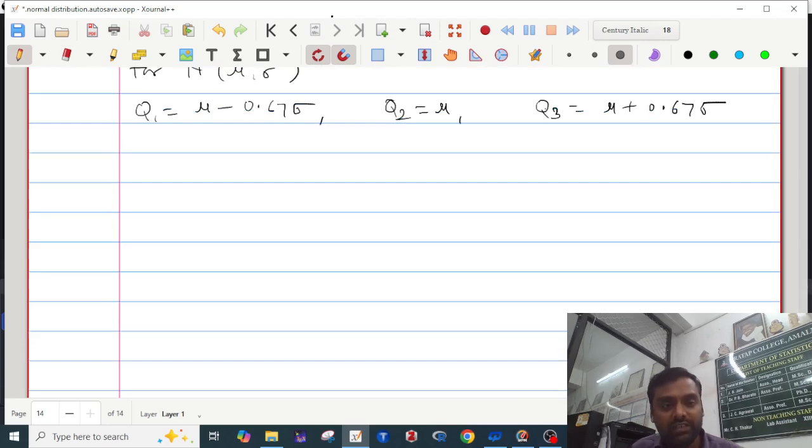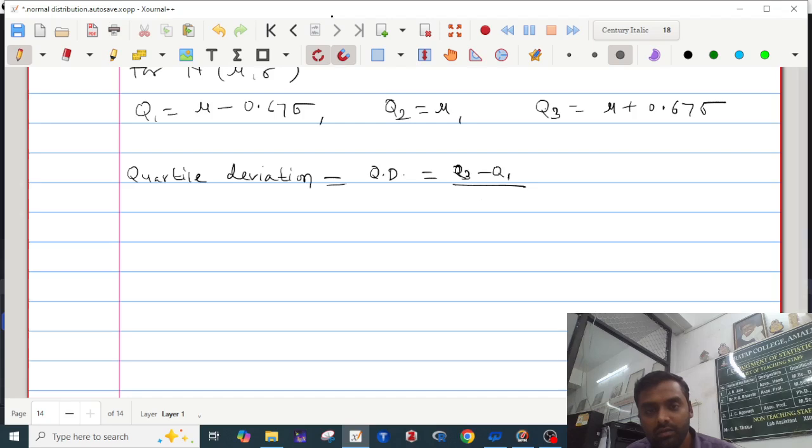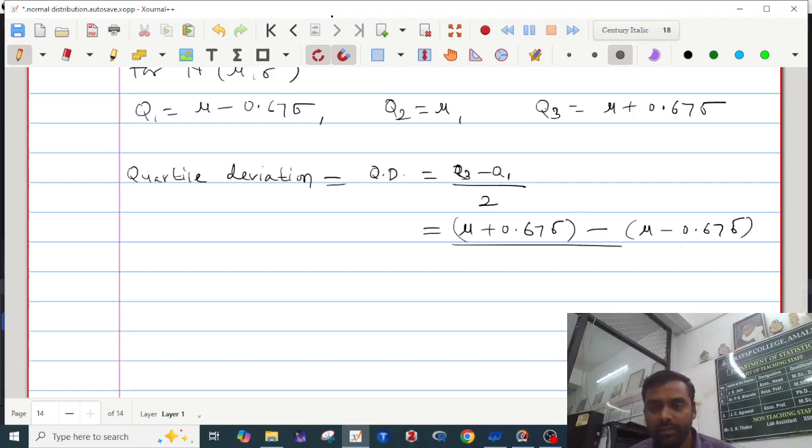I have to find the quartile deviation also here. Quartile deviation equals q3 minus q1 divided by 2. q3 is mu plus 0.67 sigma minus mu minus 0.67 sigma, divided by 2.